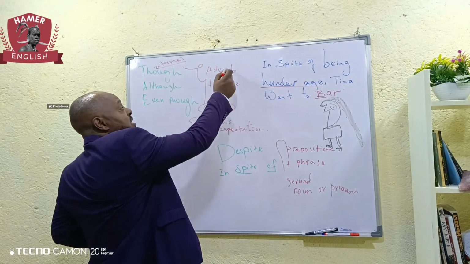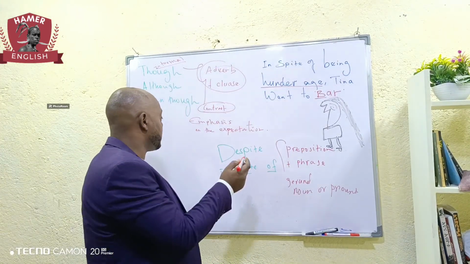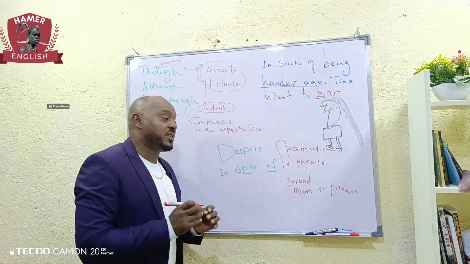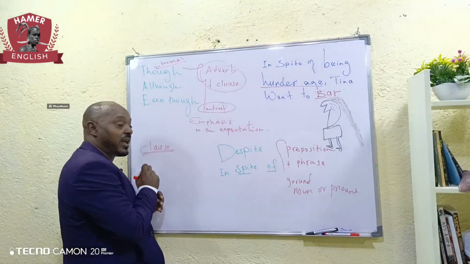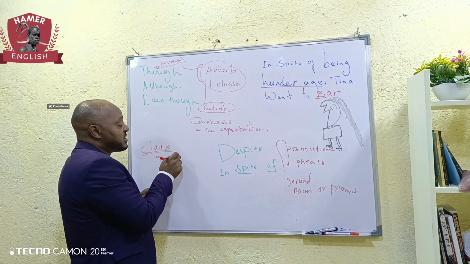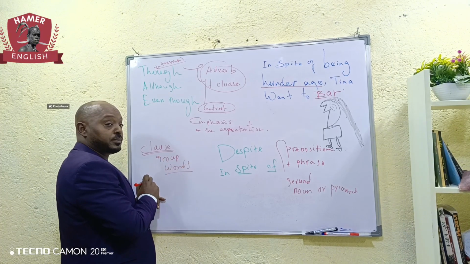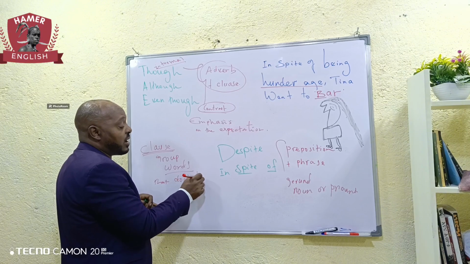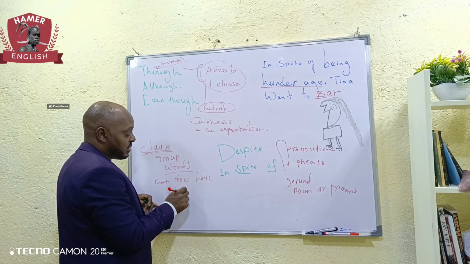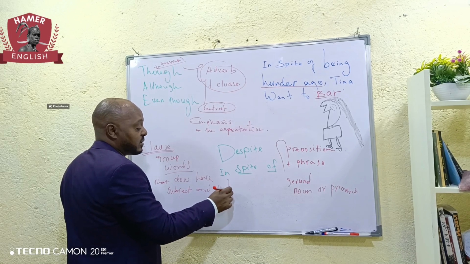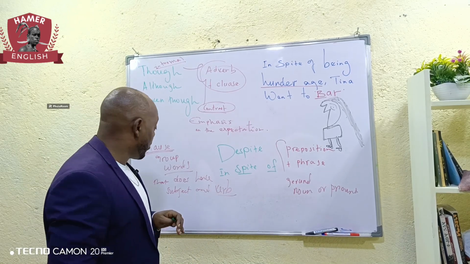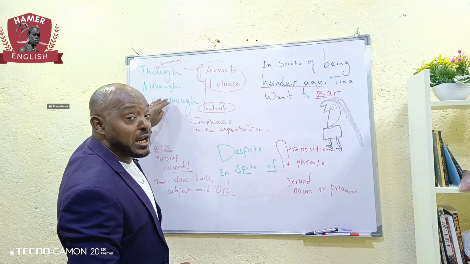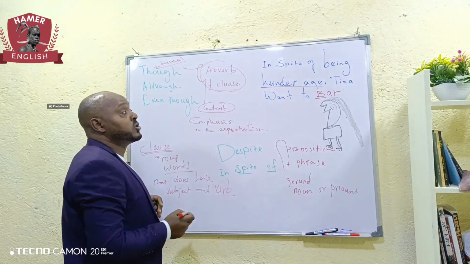For your information, what is a clause? Relax. A clause is a group of words that does have a subject and a verb. So whenever you construct a sentence with though, although and even though, you must have a clause, two clauses actually.